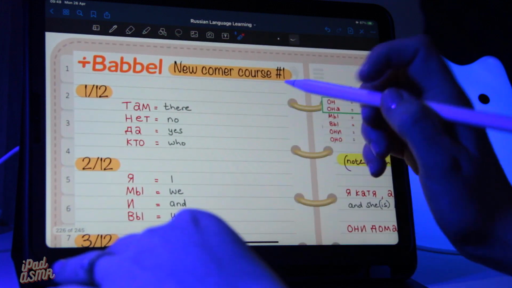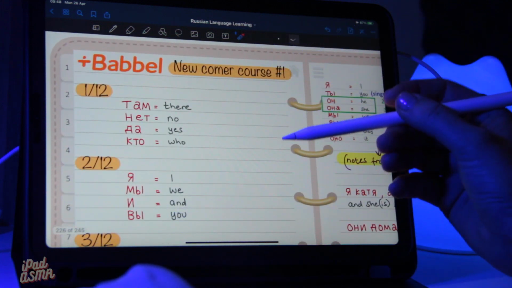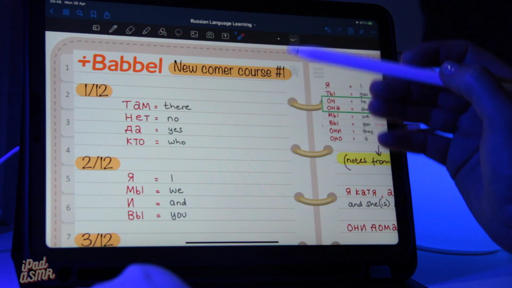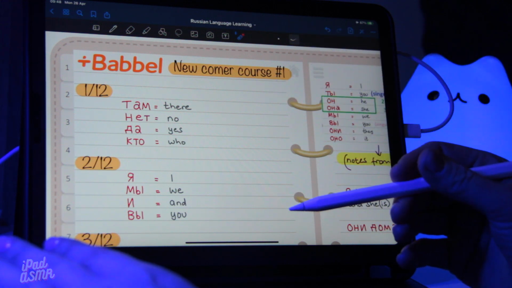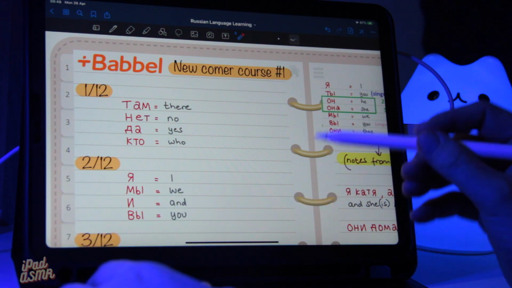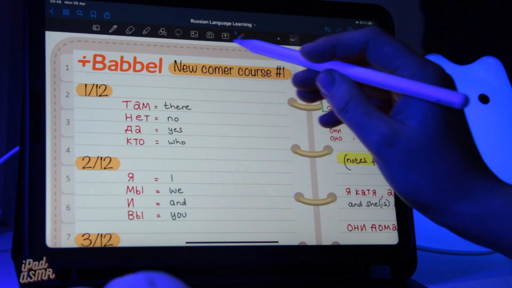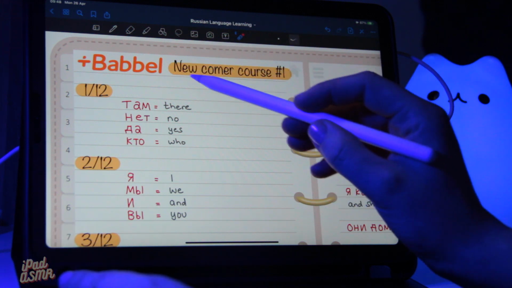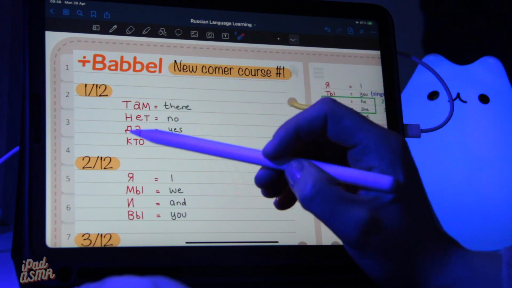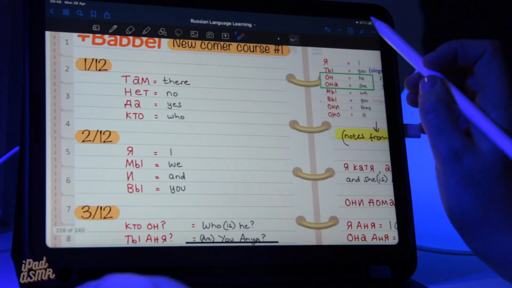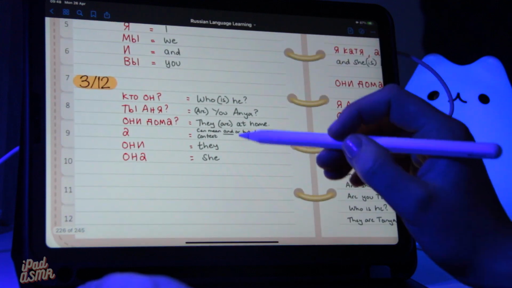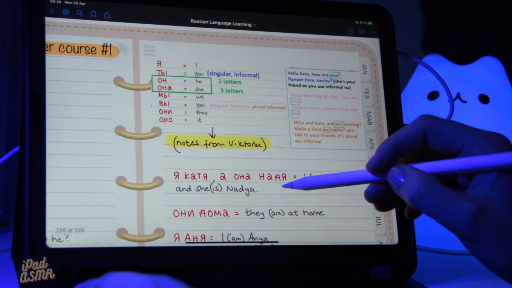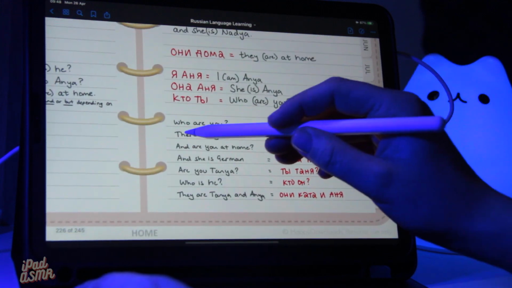So they have different levels: newcomer, beginner, intermediate, and it goes all the way up to really advanced learning. I'm on the first course right now, which is called Newcomer. And each course is divided into 12 lessons. What I found to be really helpful is to do these notes as I go.